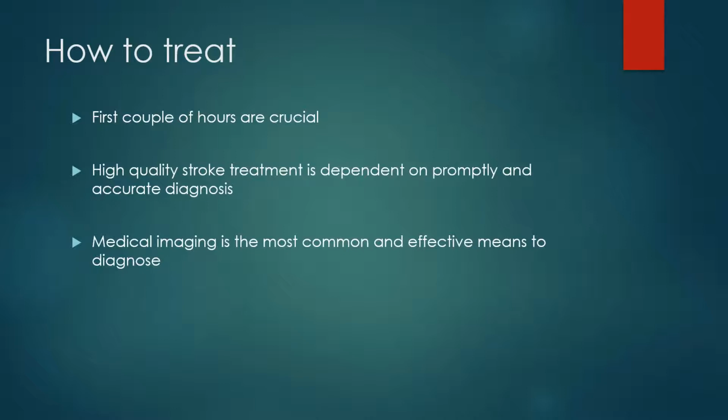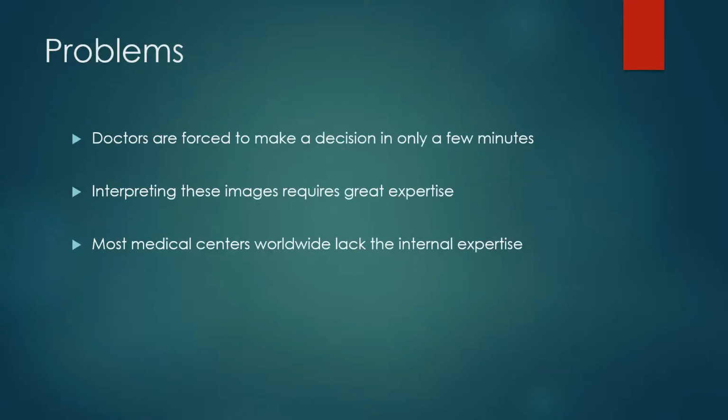When you have a stroke patient, you have to know the condition of this patient, and the most effective way to do this is using medical imaging, mostly CT. The problem with this approach is that doctors are forced to make a decision in maybe a few minutes, as soon as possible, because patients may be dying.